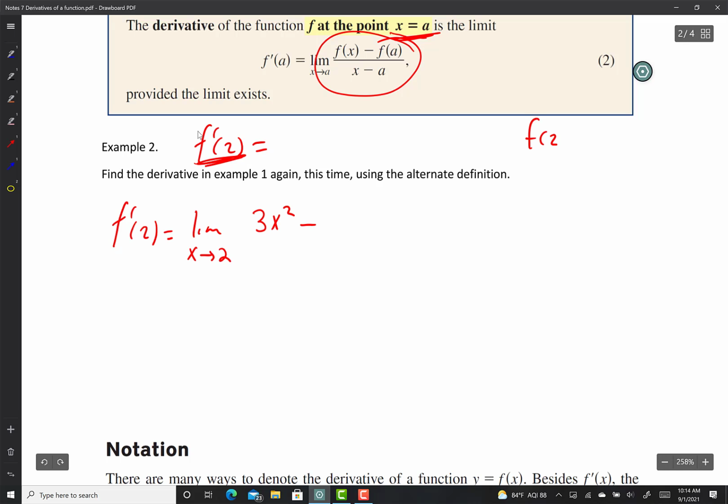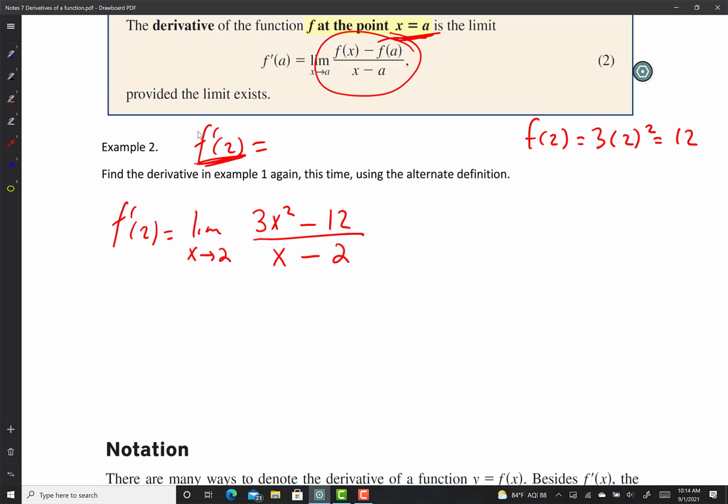So I have to write that down on the side. f of 2 is 3 times 2 squared. 2 squared is 4. 4 times 3 is 12. So write 3x squared minus 12 over x minus 2. All I've done is this part right here.